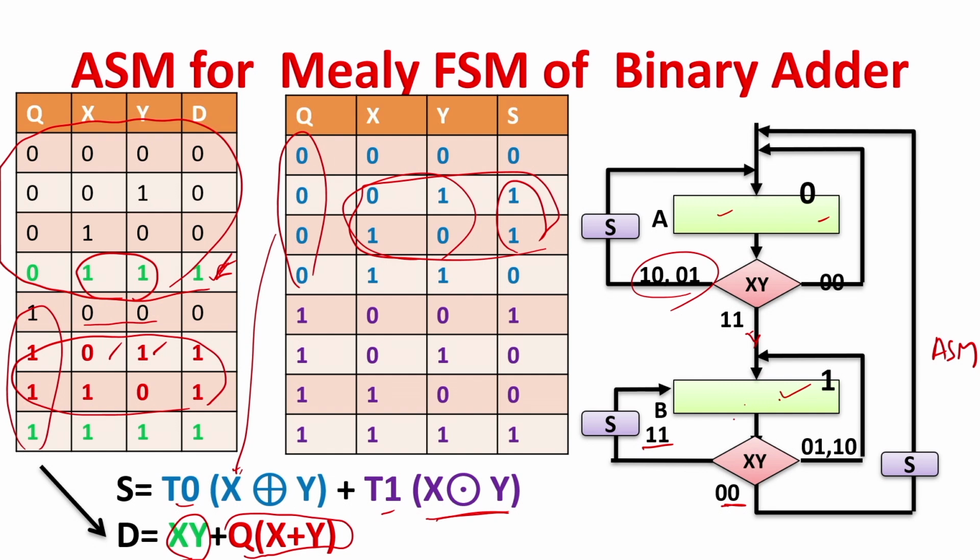This is similar to FSM implementation, but here we do not do tabulation for the whole thing. We see these things repeating in T0 and those repeating in T1. So, we are looking at which state you are in and what the input is, and based on that we are trying to do it. This is a slightly different way of implementing the same thing.